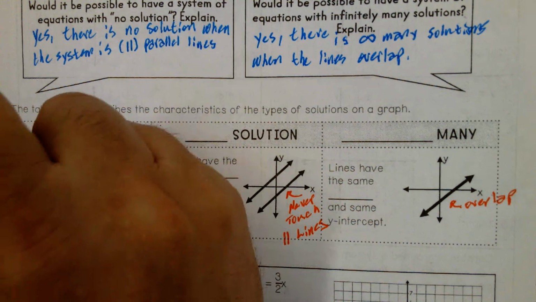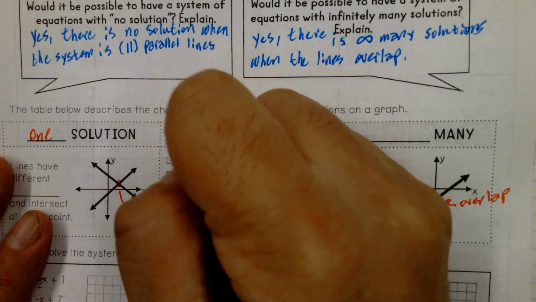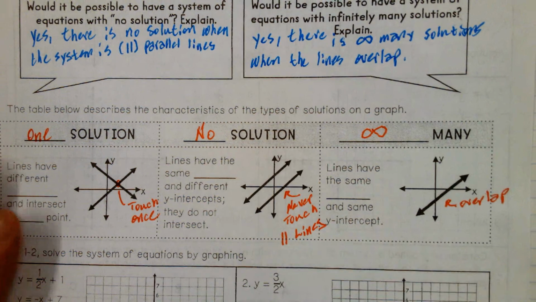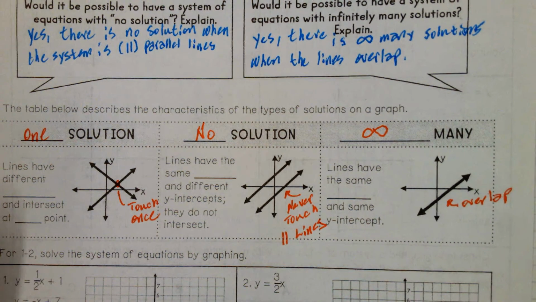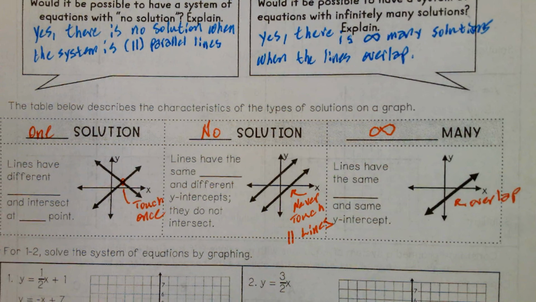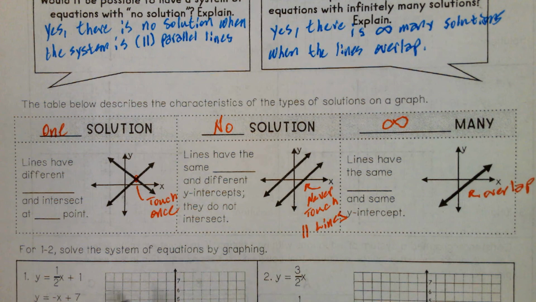So let's go ahead and write that down. One solution, no solution, infinitely many solutions. And a lot of it has to do with the slope and the y-intercept. So let's talk about that.